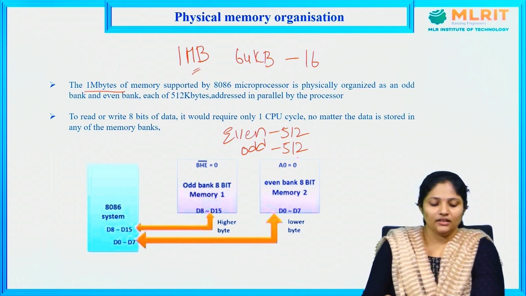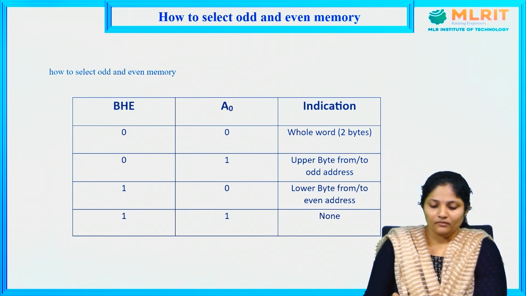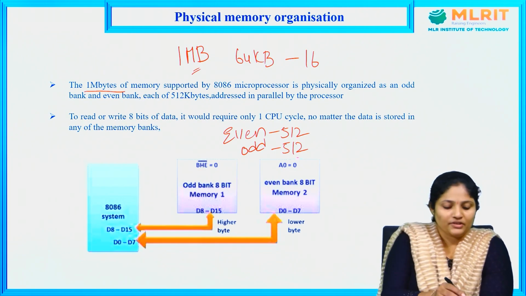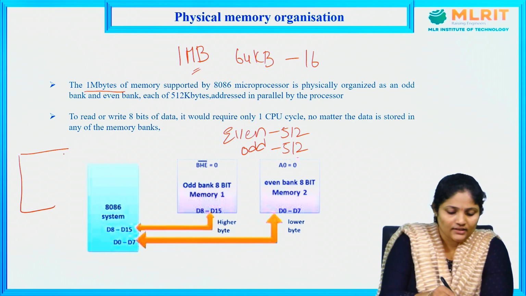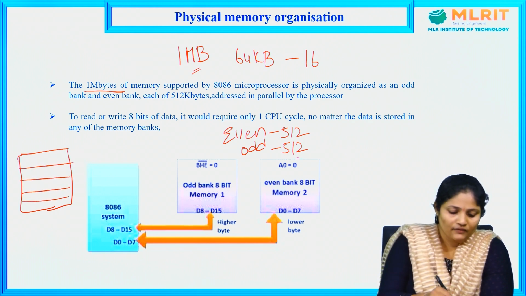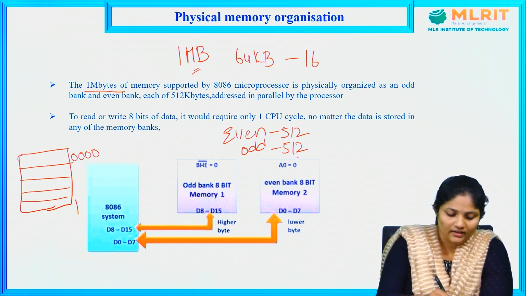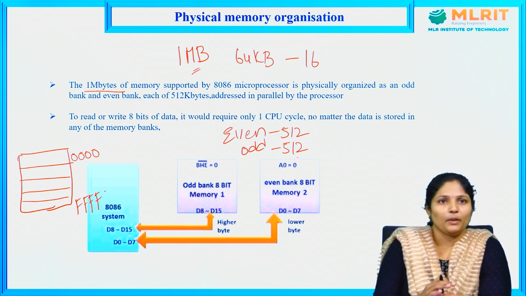Here the microprocessor memory will be accessed like this. If we consider this is a memory, it starts from 4 zeros and ends at 4 F's maximum, one block of memory, like 64 KB.